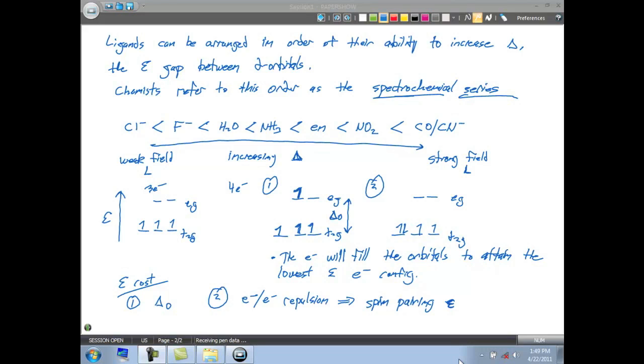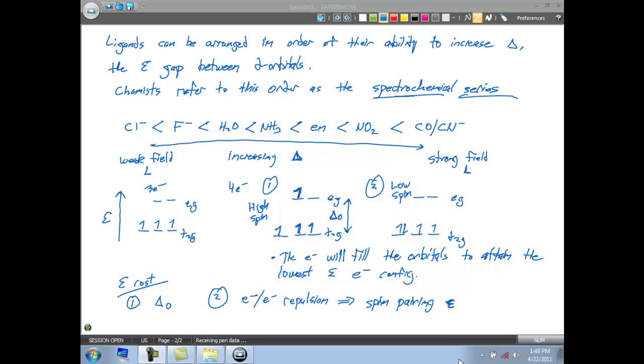And because of these 2 situations that arise, we kind of have to give a name for each one. And the name that we're going to give is a high spin complex versus a low spin complex. So scenario number 1, we refer to as high spin. And scenario number 2, we refer to as low spin.